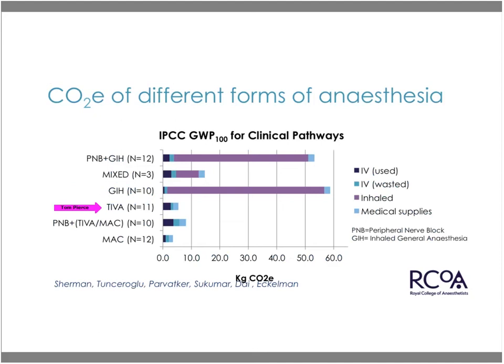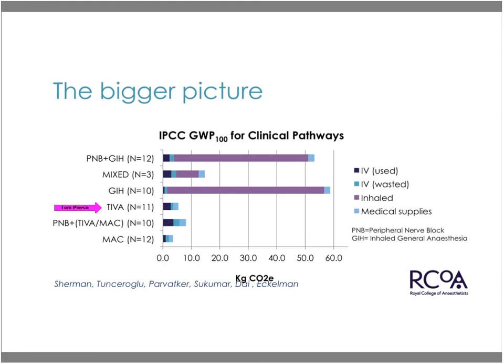But if, on the other hand, the general anaesthesia had been given by total intravenous anaesthesia, that value fell to somewhere around 5. And this is just a reflection of the significant global warming effects of inhalational anaesthetics.